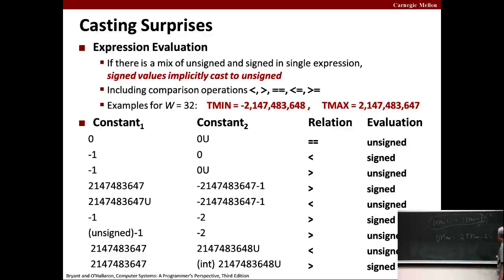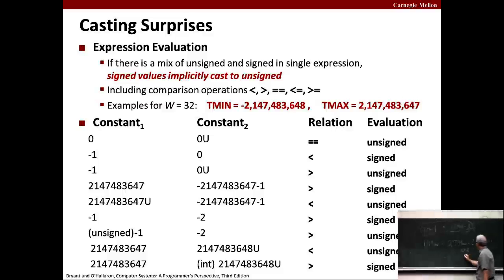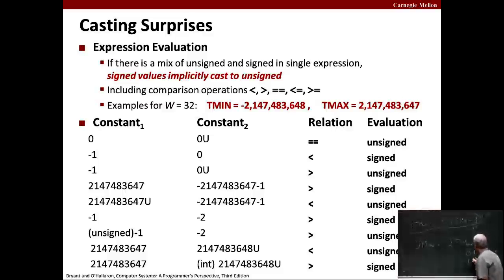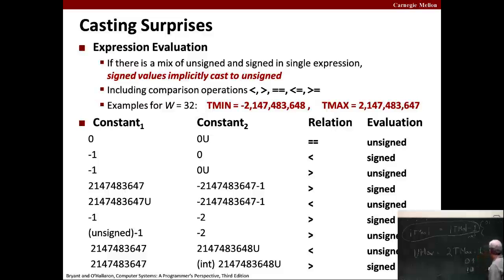And that's, again, not too hard to figure out. Here's one way to think about it. T max is a 0 followed by a bunch of 1s. If I want to double that number, I basically shift it left by 1 position, and that would end up with a 0 here. So this is T max, and this is twice T max. Now if I add a 1 to that, I'll just set this bit to 1 and get this. There's various ways you can think about it, but that's one way to do it.